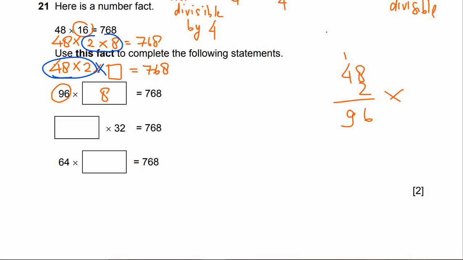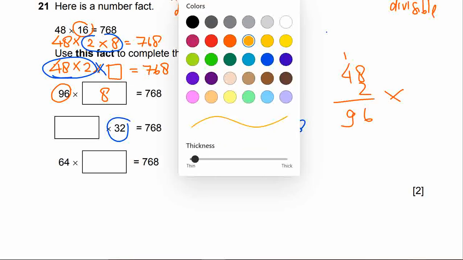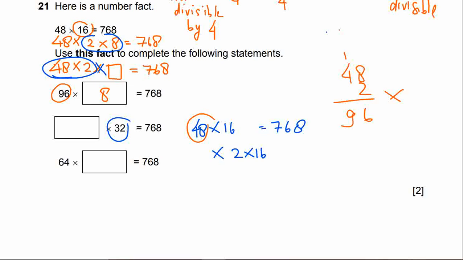Now the same thing. Now this is 32. Blank times 32 equals 768. Let's check. 48 times 16 equals 768. Now we see 32 comes from 2 times 16. So now we have to break the 48. 48 divided by 2: 8 divided by 2 is 4, 4 divided by 2 is 2.